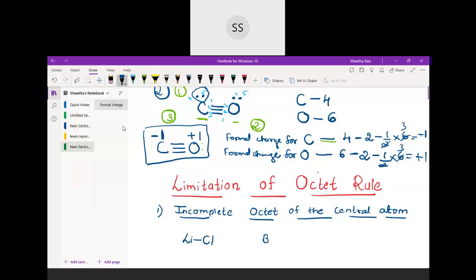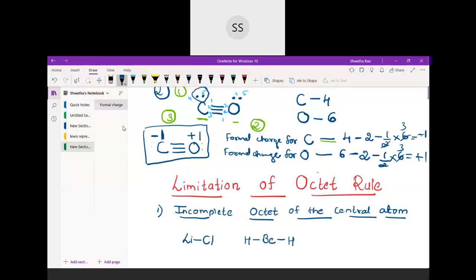Lithium has only one outermost electron, so it can form only one bond. Beryllium has 2 electrons in its outermost shell, so when it combines with hydrogen to form beryllium hydride, BeH2, you will see a structure like this. With 2 valence electrons, it can bind with 2 atoms.